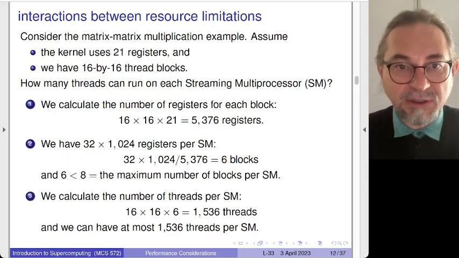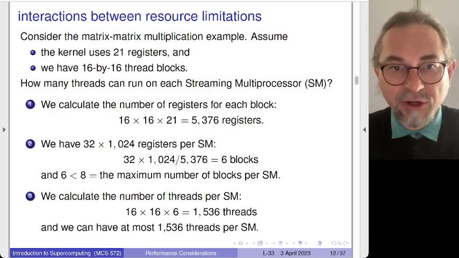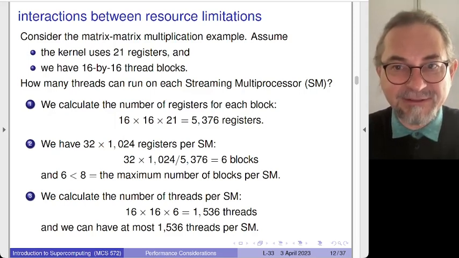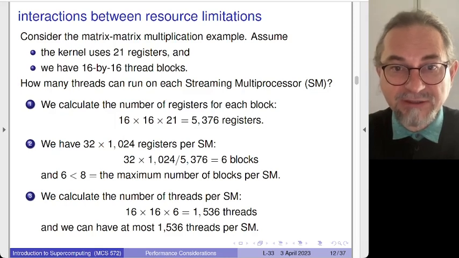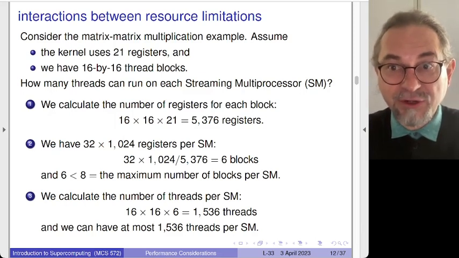So here is an example. Suppose that a kernel uses 21 registers and we are having 16 by 16 thread blocks. How many threads can you actually run? We can calculate how many registers each block will use. Every thread uses 21 registers. We have 16 times 16 threads in a block, so we are using 5,000 registers.